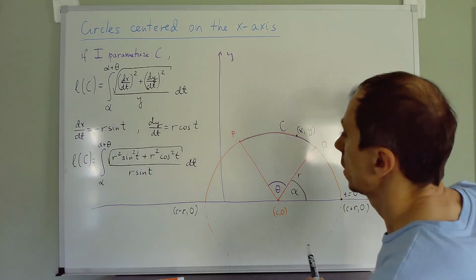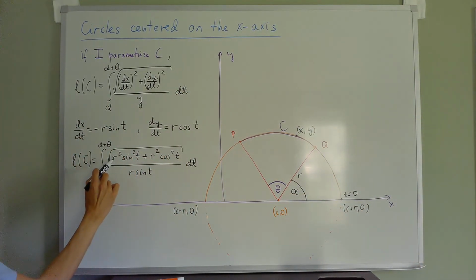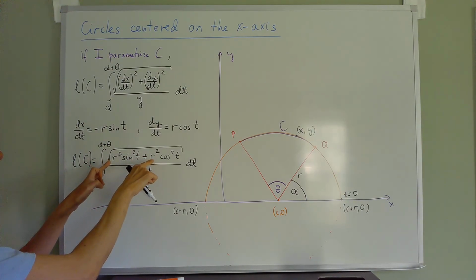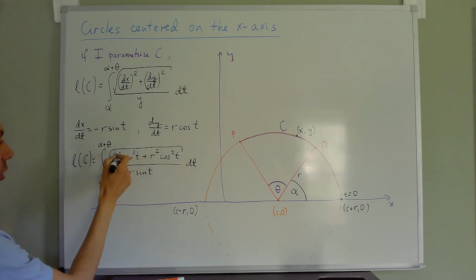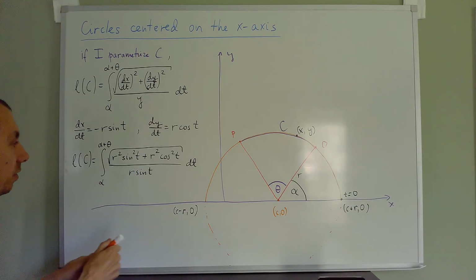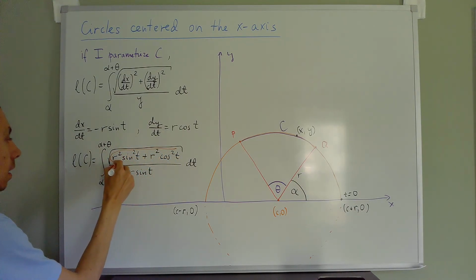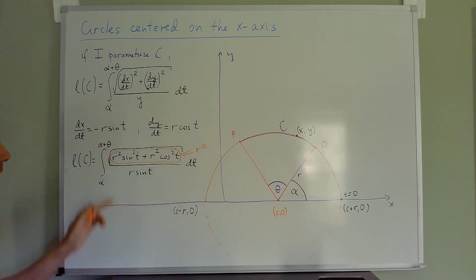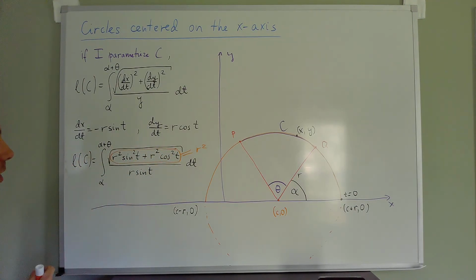So let's continue with the calculation. First of all, you see that I can take out r squared from the expression underneath the square root, and then what I have left in the parentheses is sine squared plus cosine squared. So it's r squared times 1.